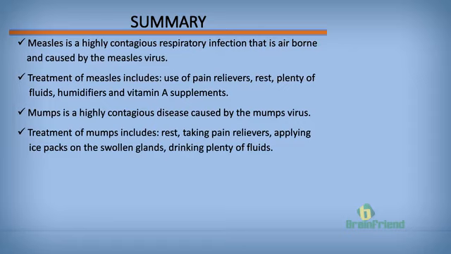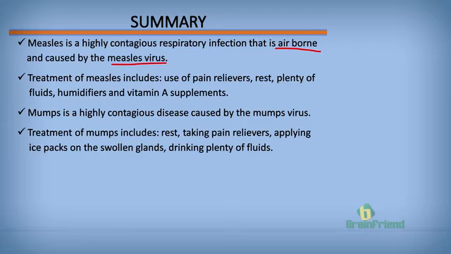So with this, we have come to the end of this lesson. In our next lesson, we'll be looking at other contagious diseases such as malaria and pneumonia. So a quick summary of what we learned in this lesson. We said that measles is a highly contagious respiratory infection that is airborne and caused by the measles virus.